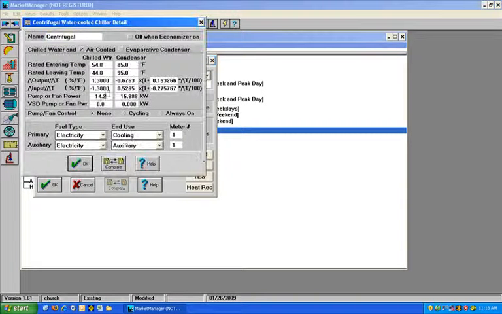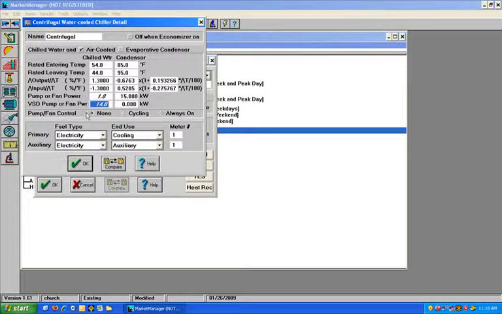If you have, let's say, all your pumping power is on variable speed drives, then you might put your kilowatts here. So this just means that it's on variable speed drives. If it's a primary secondary system, then this is your primary, which is on constant speed or constant volume, and then this is your variable speed there.